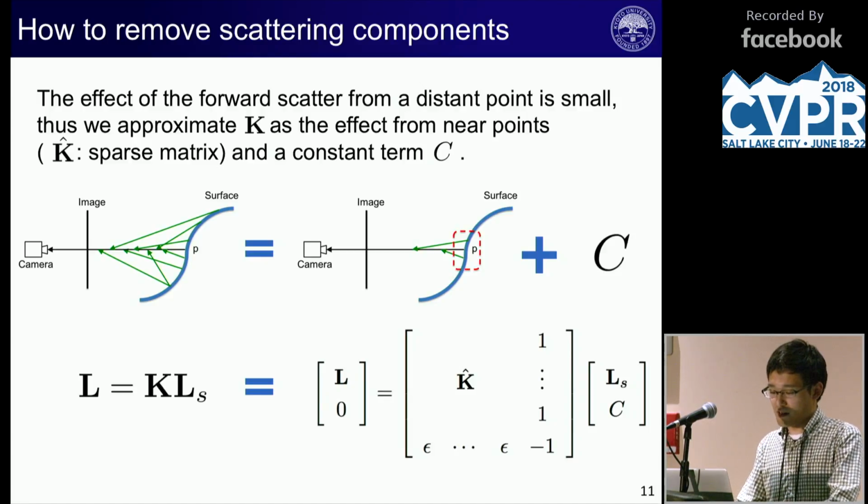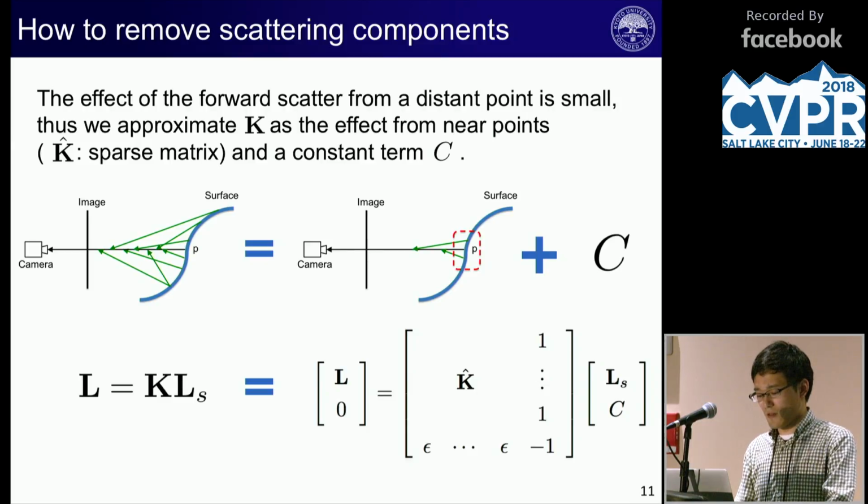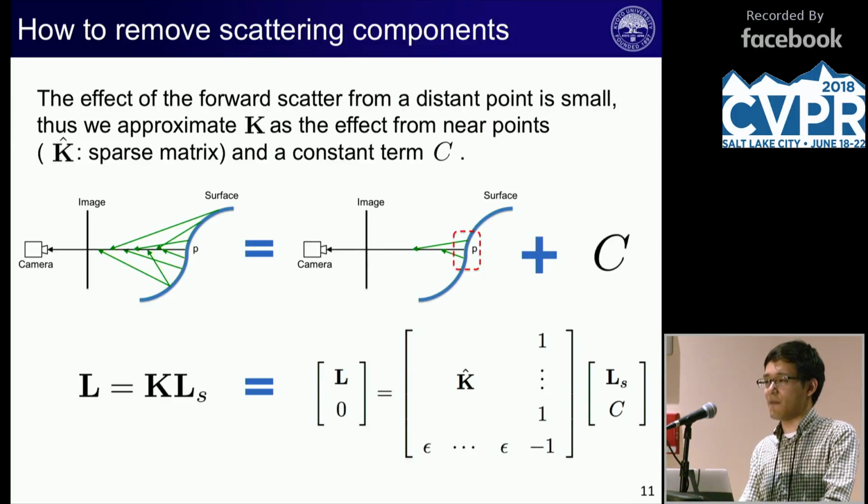We assume the effect of the forward scatter from a distant point is small, so we approximate K as the effect from a near point and a constant term. This K hat is a sparse matrix because it depends on the near points. By using this approximation, we derive this sparse linear system, and we can remove the forward scatter to solve this sparse linear system.